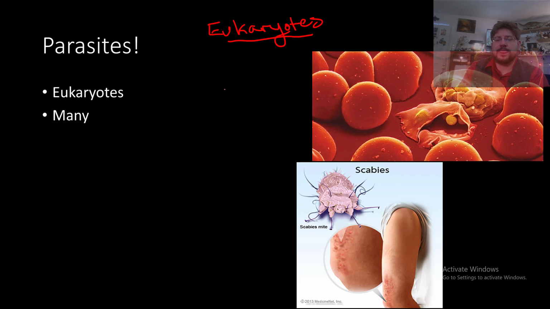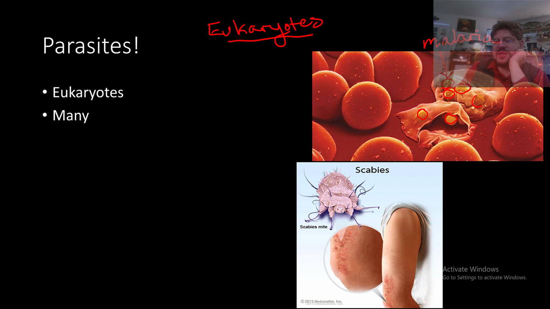And there's a ton of them. Right over here, we have the little malarial organism. So these little yellow circles, spheres, are the infectious form of malaria in red blood cells.